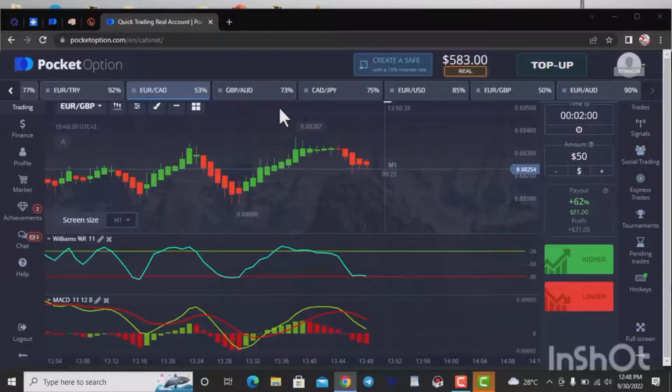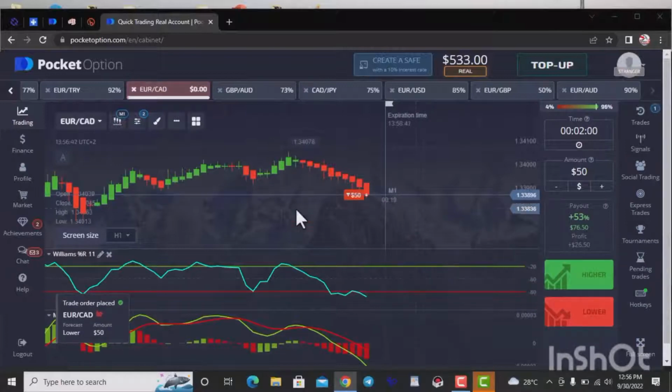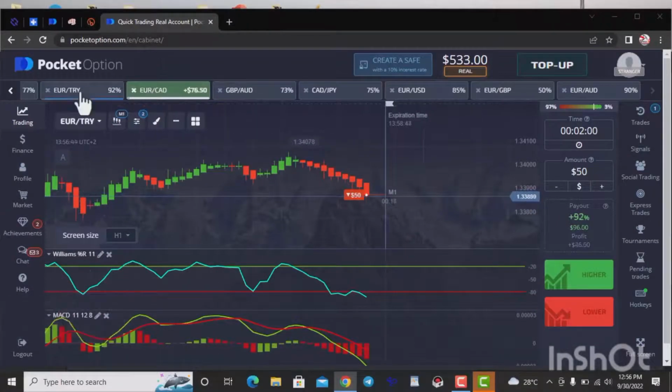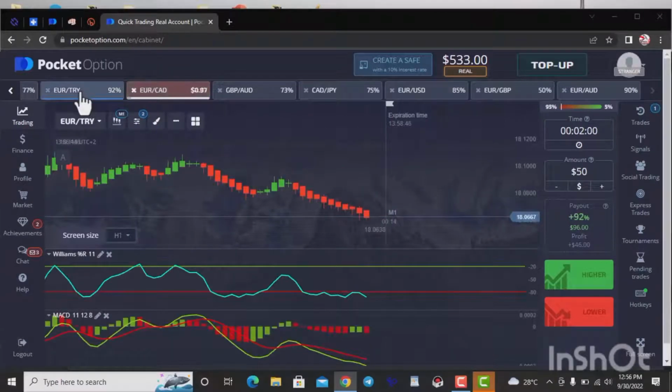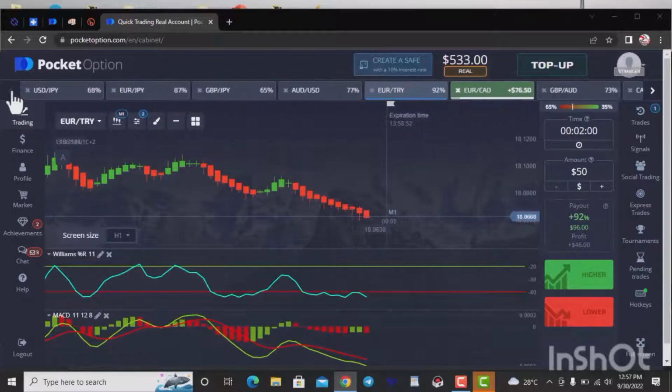Once you are done, it's time to analyze the market and start trading. So let's analyze. A good moment here, though risky, but I've seen an opportunity for me to take a first trade. When is the best time to take it? I'm going to tell you.